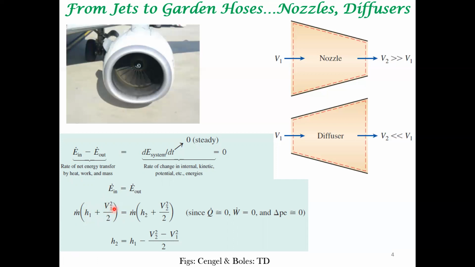Kinetic energy, in many instances, is neglected, but in the case of nozzles and diffusers, the change in kinetic energy is significant, and that has to be accounted for in our analysis. The mass flow rate of the incoming fluid is the same as the mass flow rate of the outgoing fluid, so that can be cancelled. So basically, there is an enthalpy change and the kinetic energy changes.